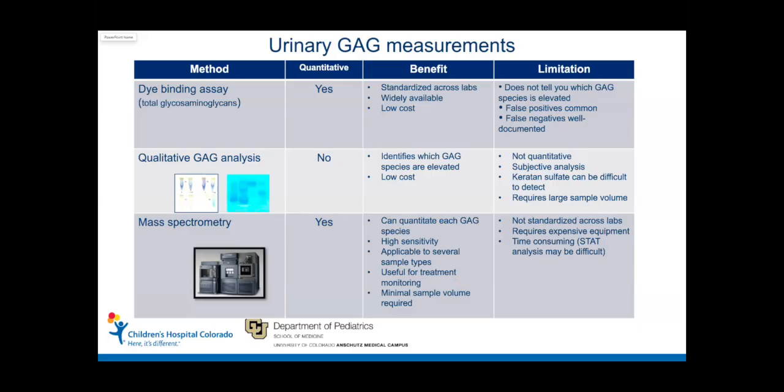The good news is that they all do the things that I say here in the benefit. The bad news is that they're all different analytical methods. It's important to know which GAGs we're talking about and how they were measured so that you can compare between patients and between studies.